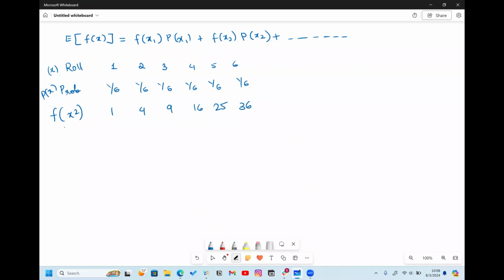Why are we taking this? In this example, say a friend of yours tells you that they'll give you this amount for each of the dice rolls. If you roll a 6, you'll get $36. If you roll a 5, you'll get $25, and so on.